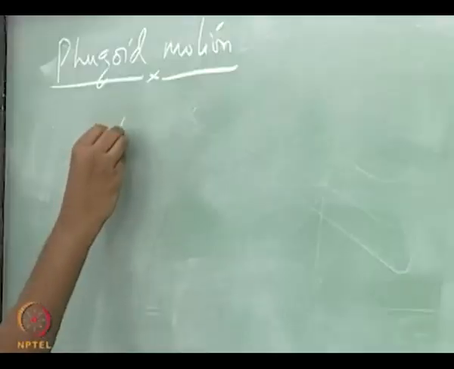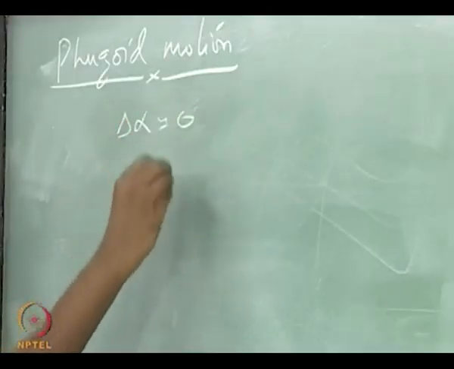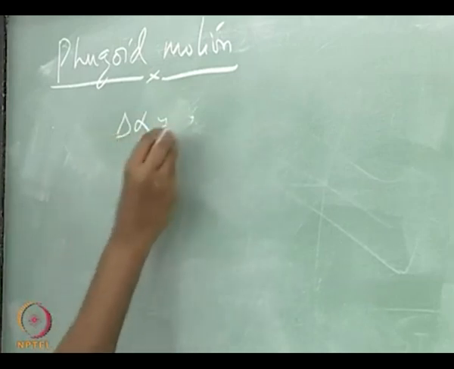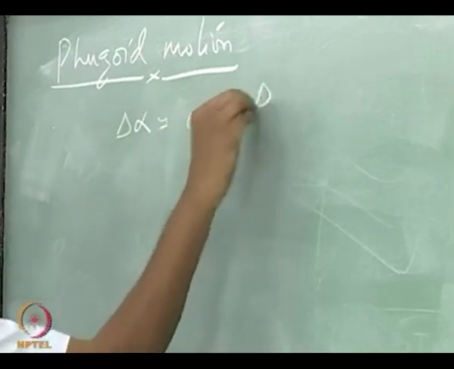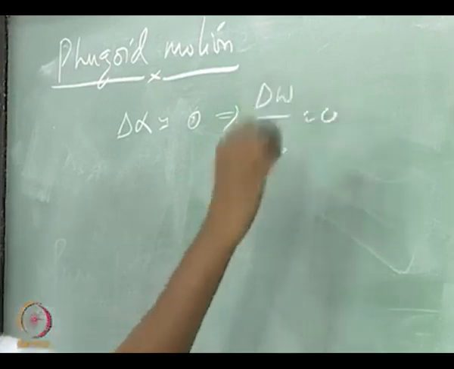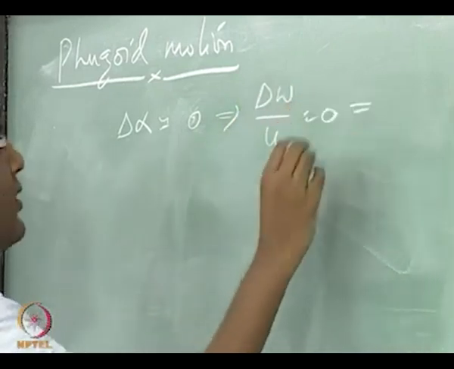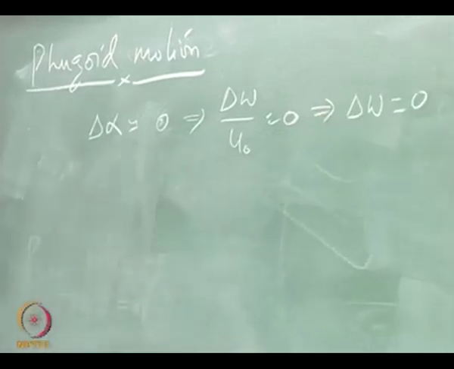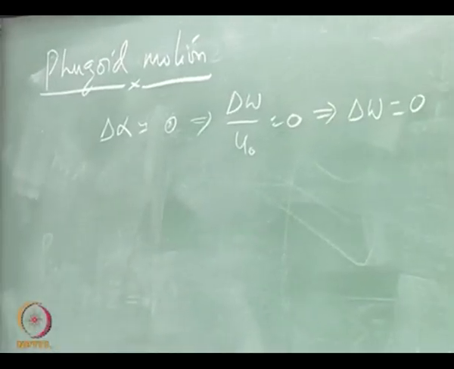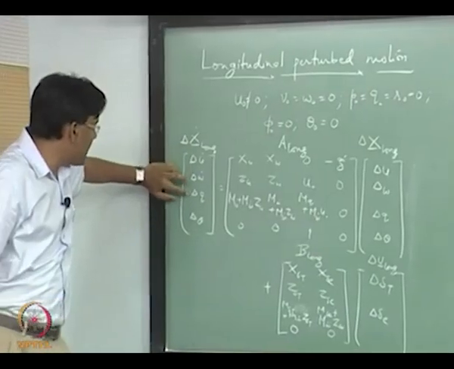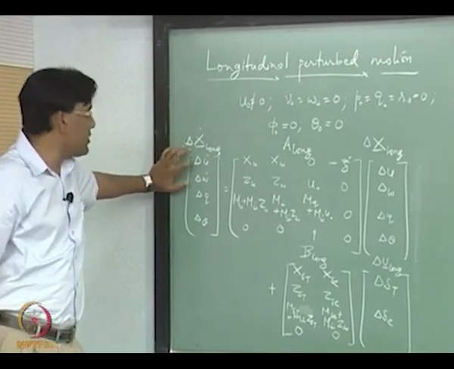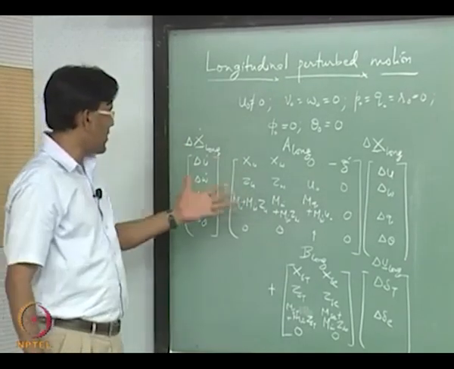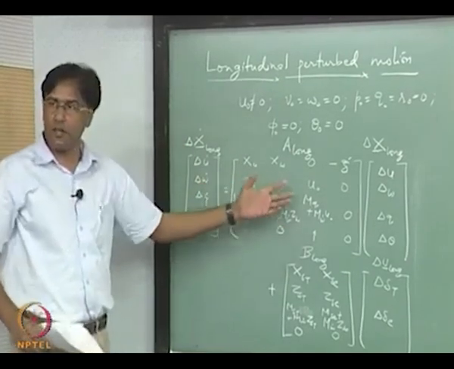So, assumption here is that delta alpha is 0, which also means delta W is 0. So, delta W dot is 0, delta Q dot is 0. So, try to extract a simpler model from this.